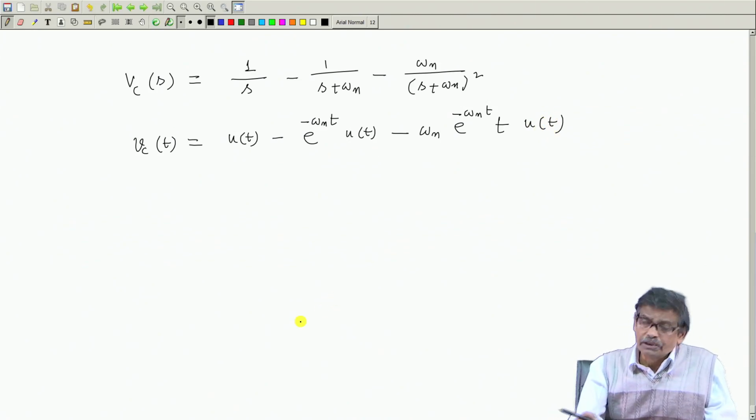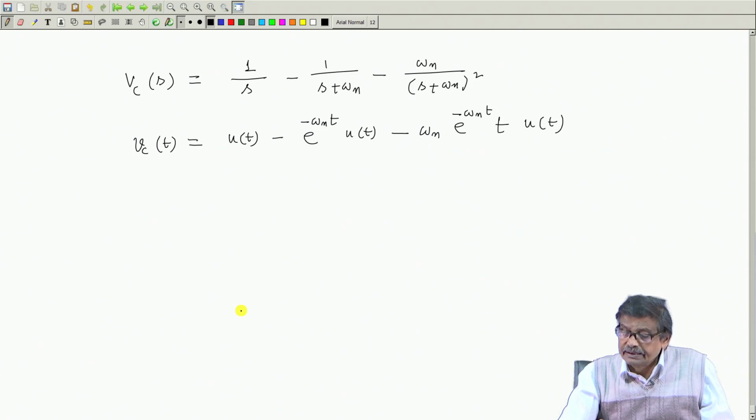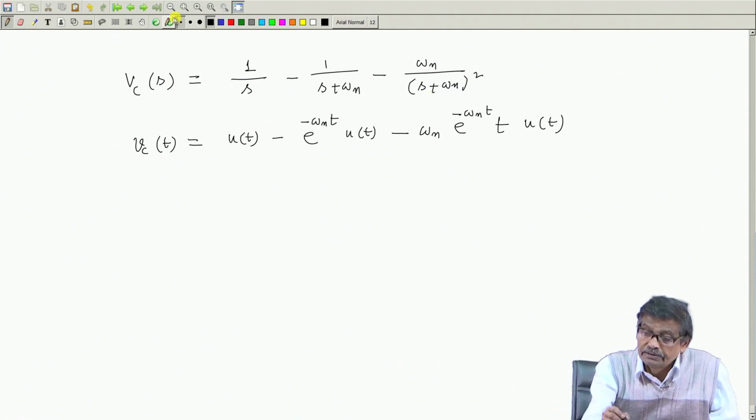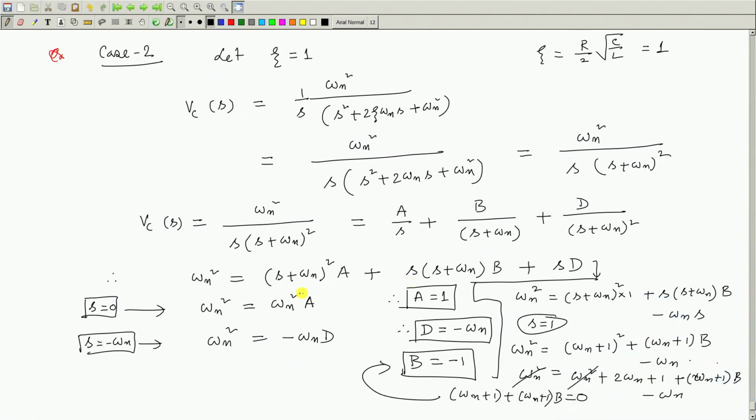See, it also reminds me what the roots of the characteristic equation are here. They are real roots and repeated. The characteristic equation was this part. In this case, what is the characteristic equation? It is this one. This is 1 by s, the input signal.